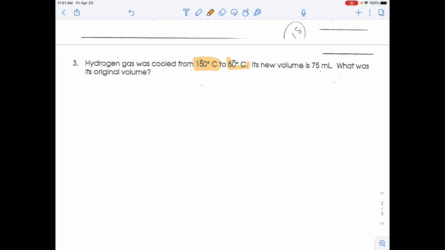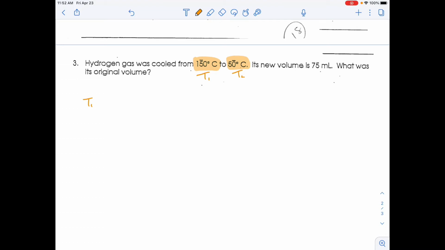Now, again, there are these little itty bitty lines over the numbers. Ignore those lines. That has something to do with significant figures, which we don't need to worry about, especially this old way of representing it. But I can't keep these temperatures this way. I do have to recognize that this is temperature 1 because it goes from 150 degrees Celsius to temperature 2.